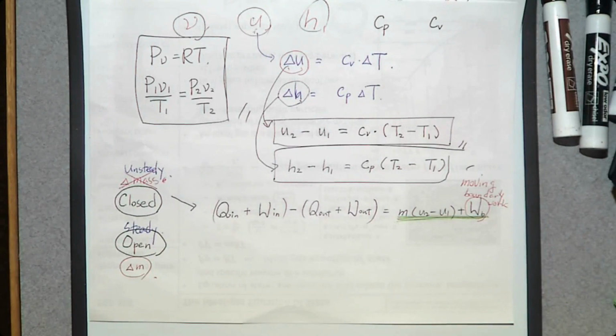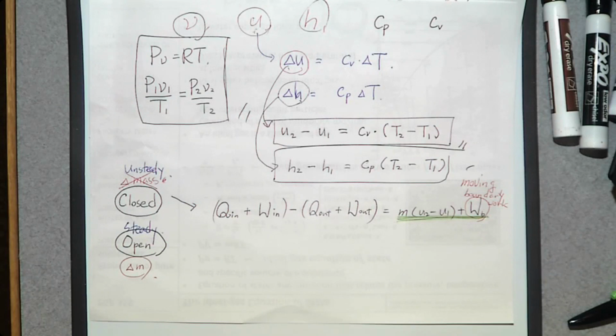Moving boundary work means that it expands or compresses. So when you see a volumetric change, you have moving boundary work.